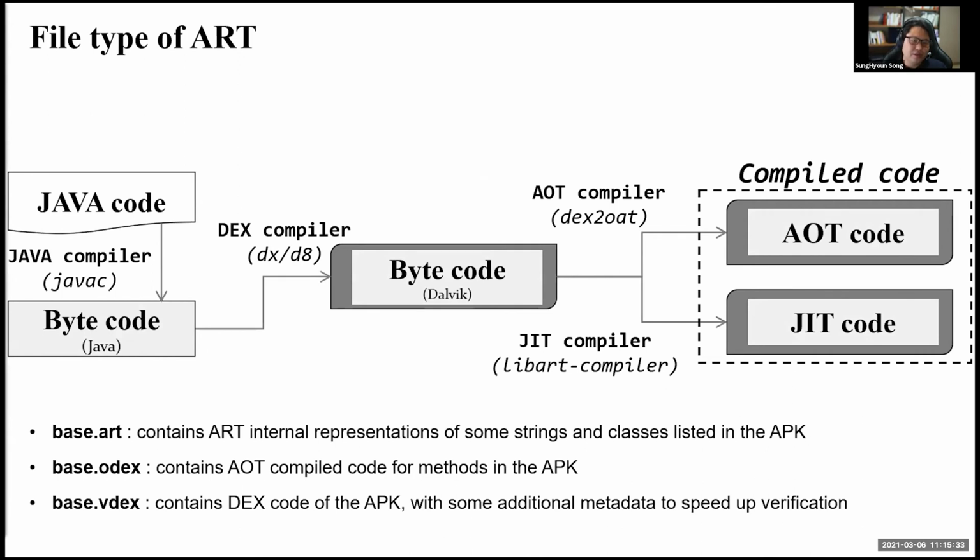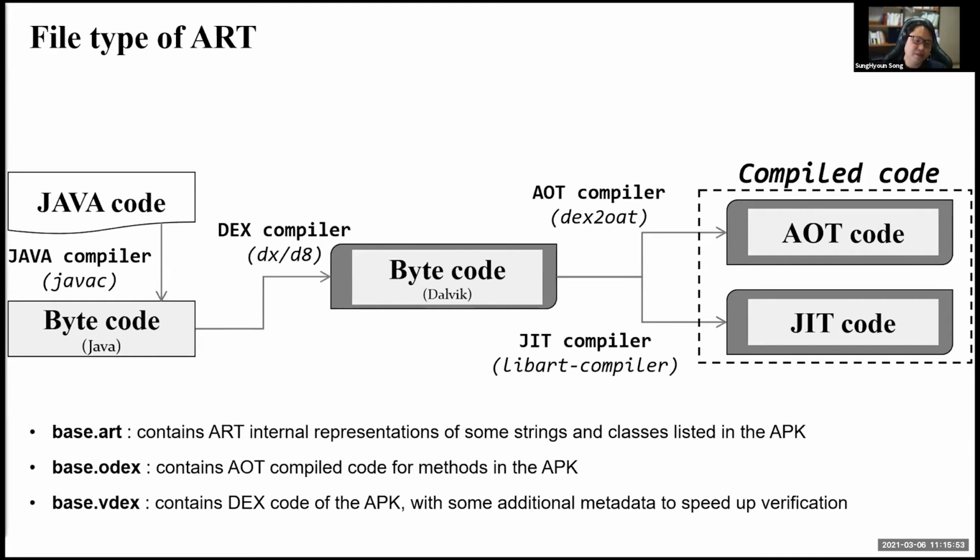As we saw earlier, there are three types of code in ART: the basic bytecode, compiled AOT code, and the JIT code. AOT code and bytecode are saved in files, while JIT code exists in memory as cache code.